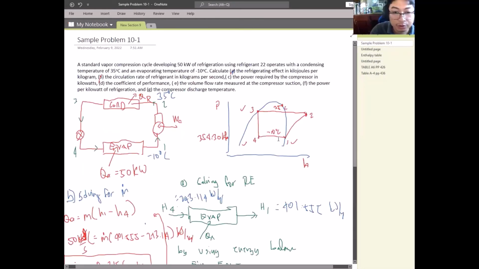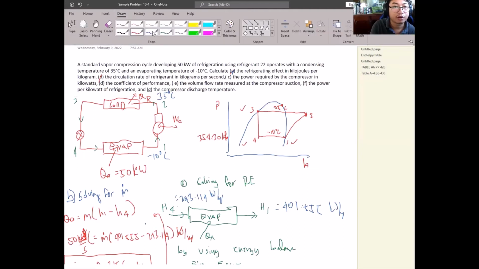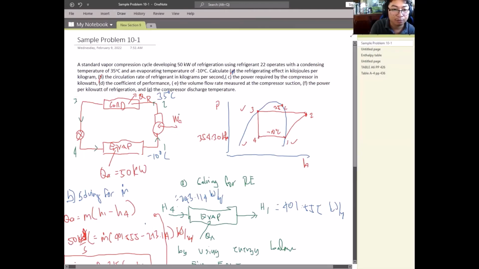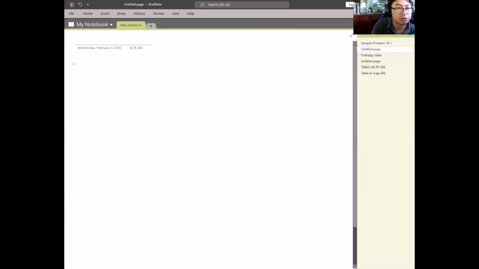Next will be the power required by the compressor in kilowatts. So we will find the compressor work, compressor power. Okay, so we can isolate the compressor side. So we will draw this in the other solution paper. So letter C na tayo.